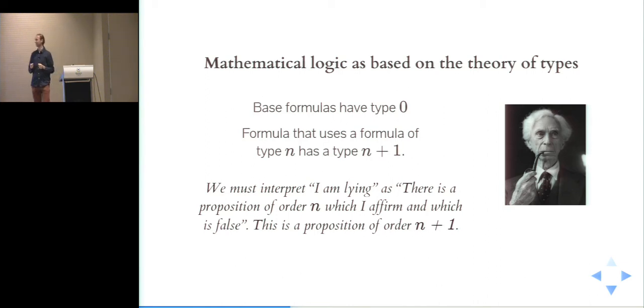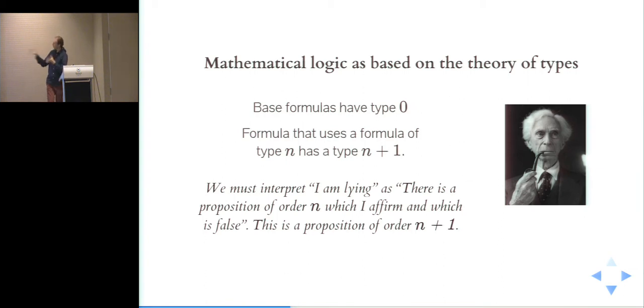This is always confusing. So when I say I am lying, that is a theorem of a different type than the theorem that's appearing in this statement. So I'm trying to refer within something of type n plus 1 to something of type n.